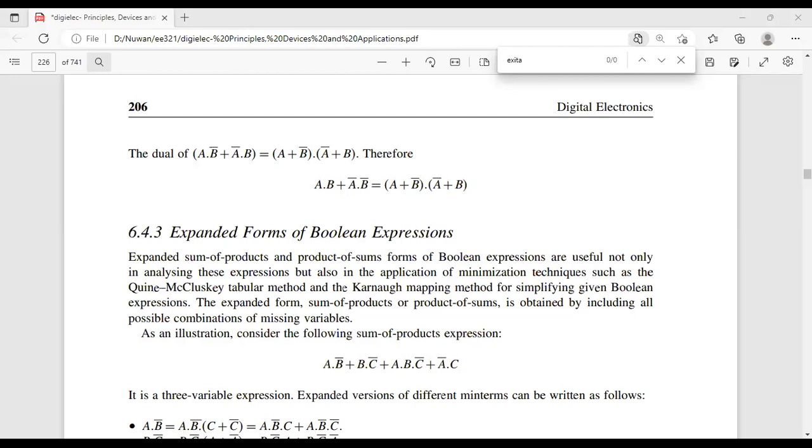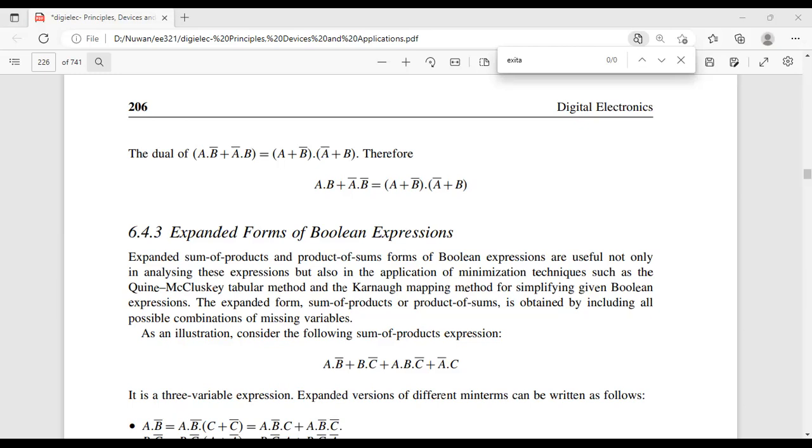The excitation table is nothing but the function table. In the excitation table, the present state and next state are there. You can also construct this excitation table using just the input and output function table.